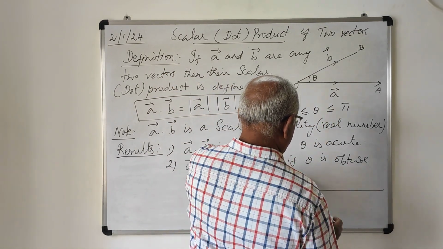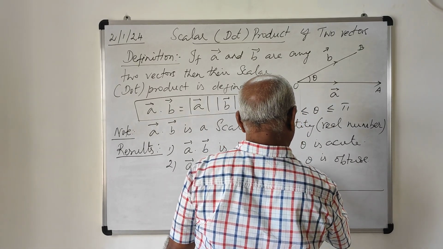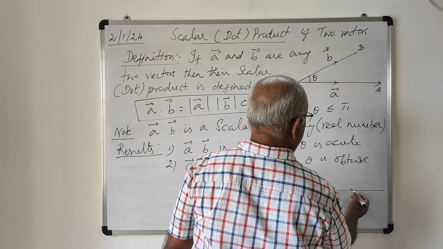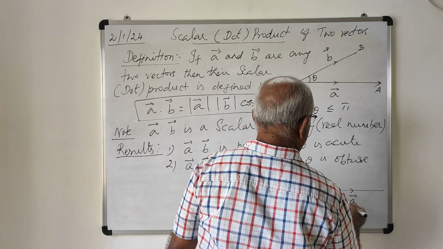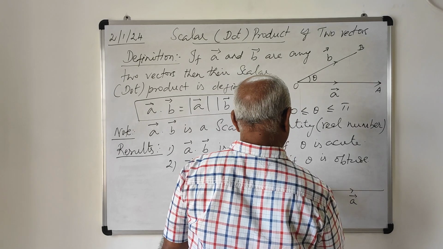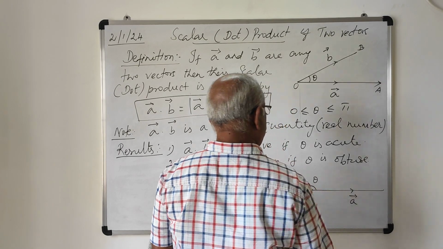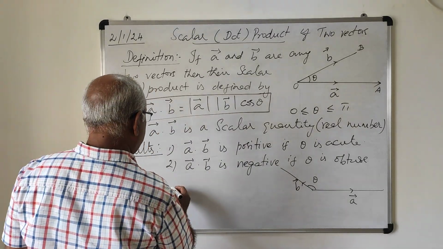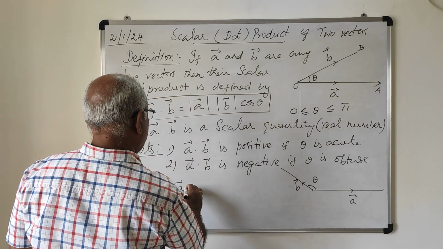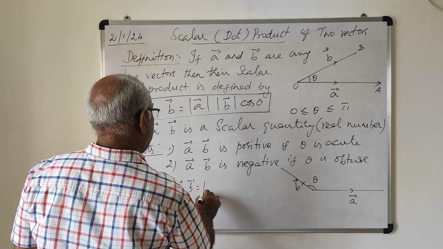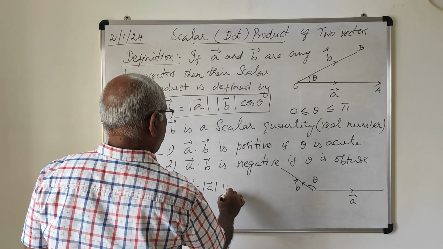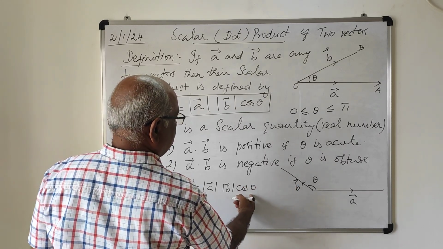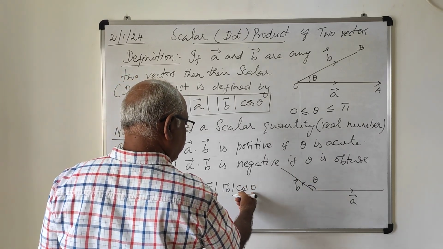Suppose this is theta, and theta is obtuse. This is vector A acting along the OA direction, and this is vector B, and theta is greater than 90, an obtuse angle. In this case, A dot B equals mod A mod B into cos theta. Theta is obtuse, between 90 and 180, in the second quadrant.